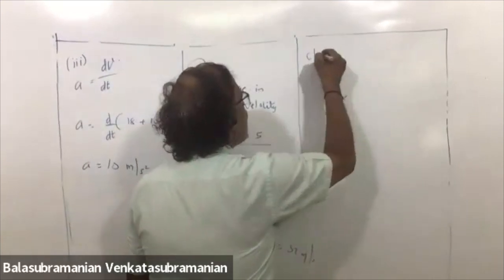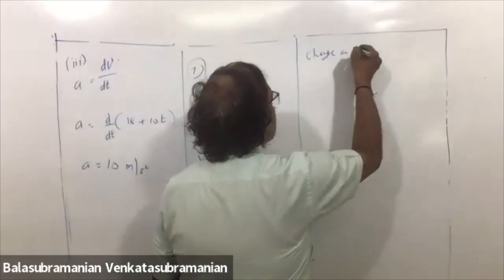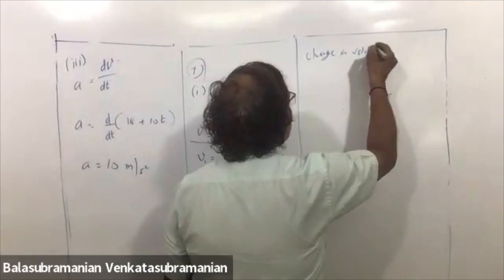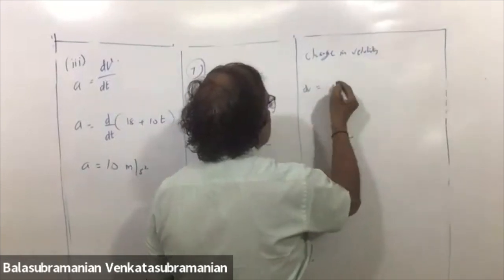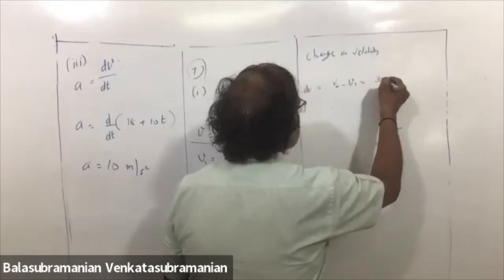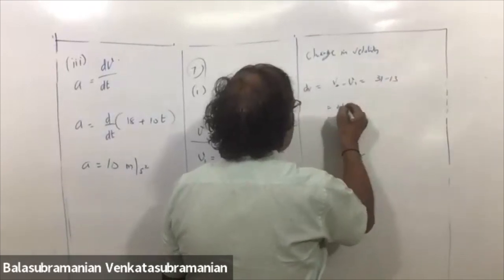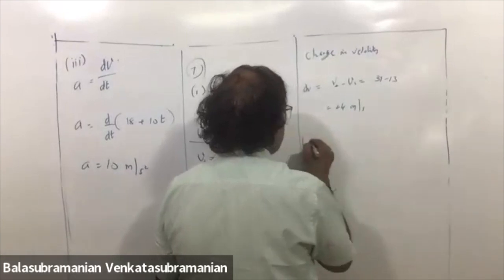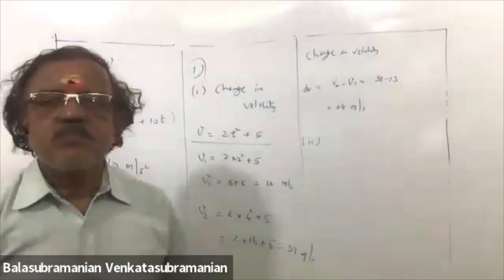Therefore, change in velocity is equal to V2 minus V1, 37 minus 13, 24 meters per second. Correct?